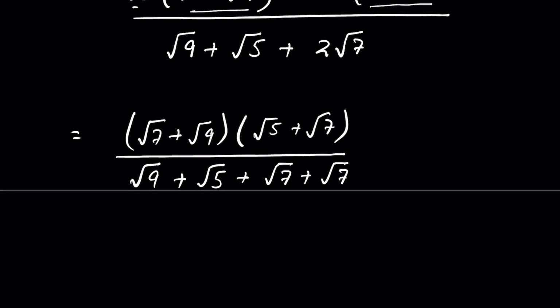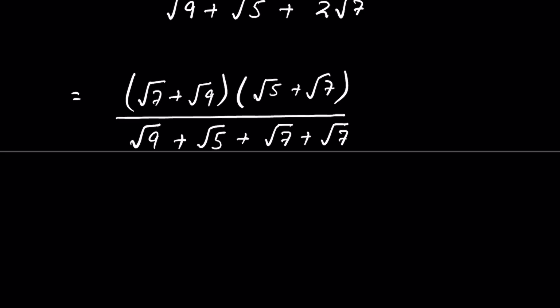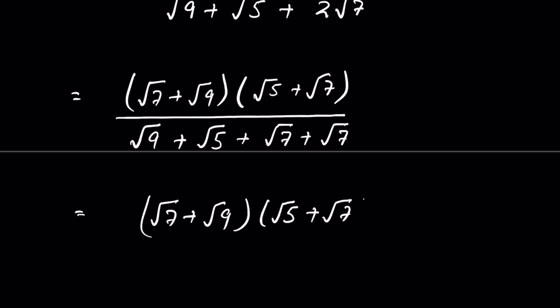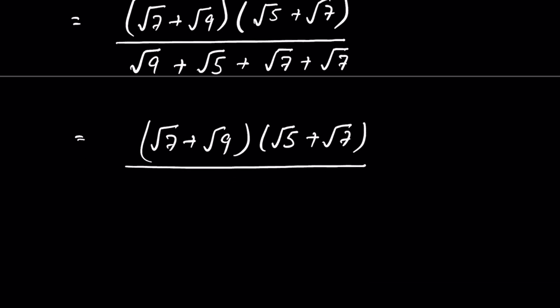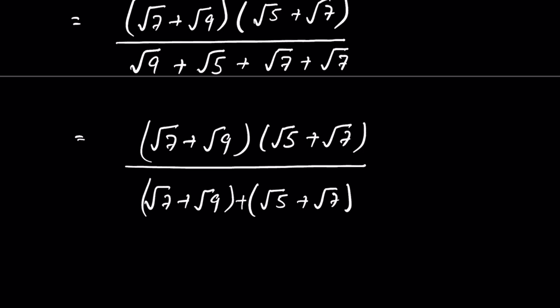It will be equal to square root of 7 plus square root of 9 times square root of 5 plus square root of 7 upon, if we rearrange the denominator, we can write it as square root of 7 plus square root of 9 and then plus square root of 5 plus square root of 7 together.